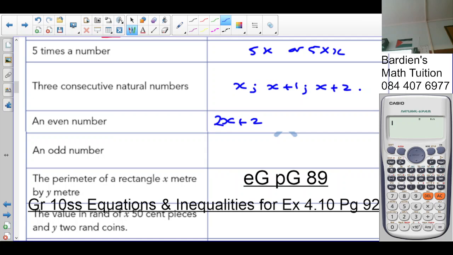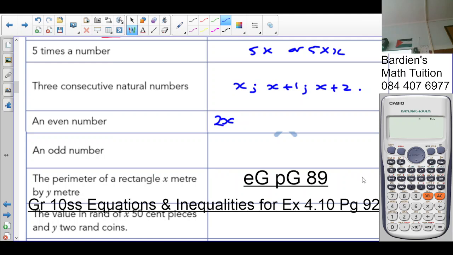If you multiply a number by 2, it will always be an even number. So it's going to be 2x. Let's see what the answer in the textbook is. 2x. So that's safer to say, otherwise you must qualify that x is an even number.